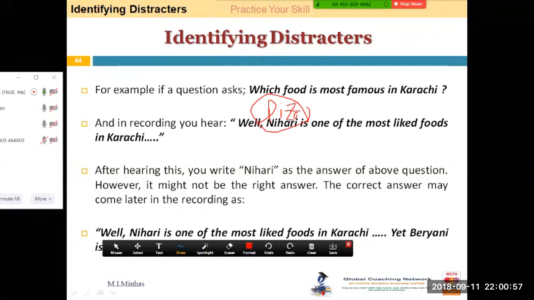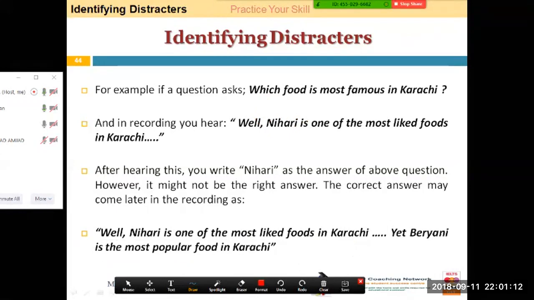After this sentence, you may hear something like, well, pizza is one of the most liked foods in Somalia, yet burger is the most popular food in Somalia.